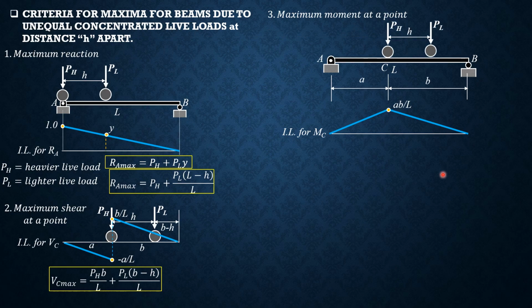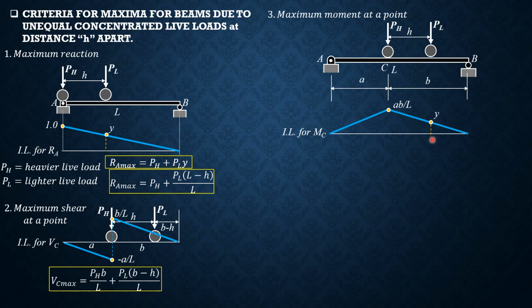And again, if we base it on the influence line, you just compute the ordinate of the influence line here. Then it is PH times AB over L plus PL times whatever the ordinate is here. The other way is to compute RA. Then after this arrangement, summation of moment about B, having found RA, you can compute the maximum moment at C as RA times A. That's the other way.